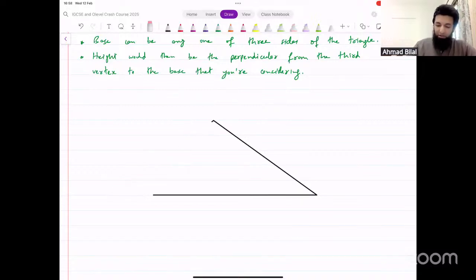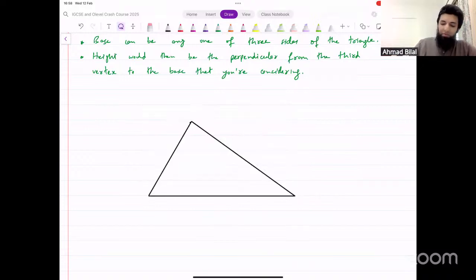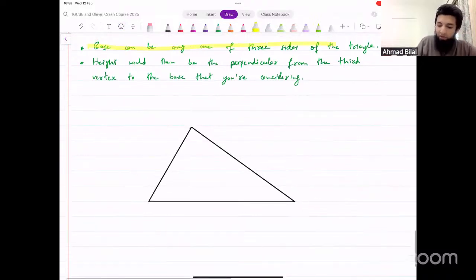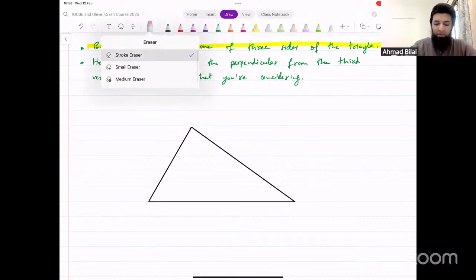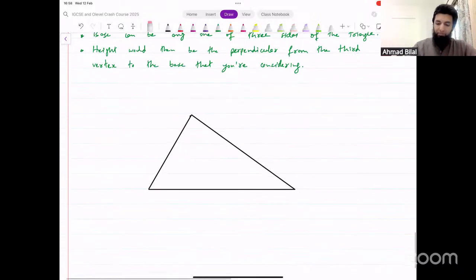Now this triangle is none of those special triangles. It's not right angle. It's not equilateral. It's not isosceles. How do you find the area of this triangle? Now, again, remember this, base can be any one of the three sides of the triangle. There's no restriction there.